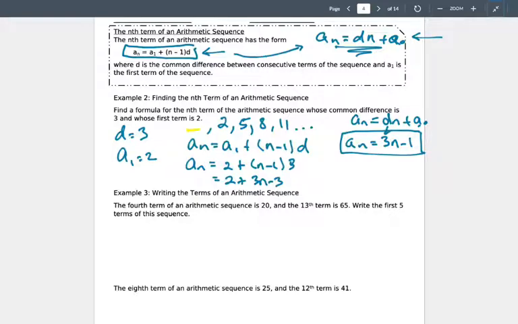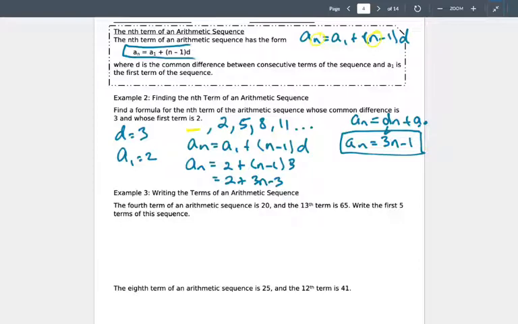Okay, so another thing I want you to notice is, let me erase this, looking at this formula: a sub n equals a1 plus n minus 1 times d. If you look at this n right here, it matches this right here. So whatever the number of that term is, that should match that n over here on the right-hand side of the equation.